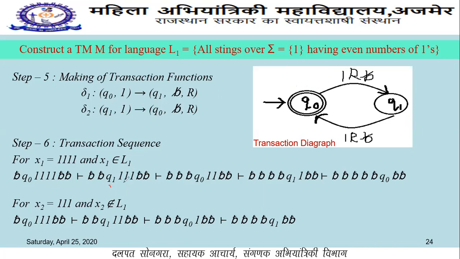Next time at q0 we will read this one, that is the odd number of ones, and we change this one by blank, because it is already processed. So for this, we write this transition function: whenever we are at state q1 and reading 1, we change the state from q1 to q0, overwrite 1 by blank and move to the right hand side.